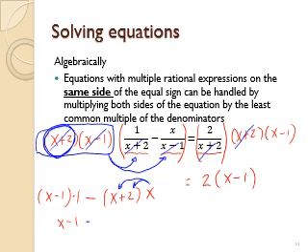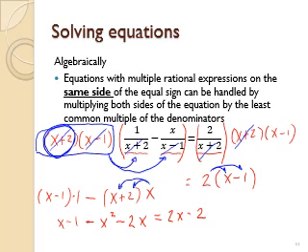So you're subtracting, sorry, let me change my color back. You're subtracting x squared and you're subtracting 2x. And all of that equals, on the other side, you also have to distribute. So on the other side, you have 2x minus 2.